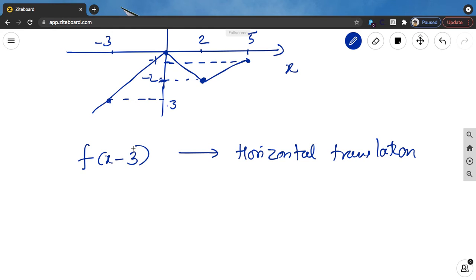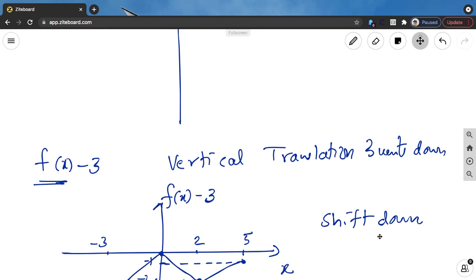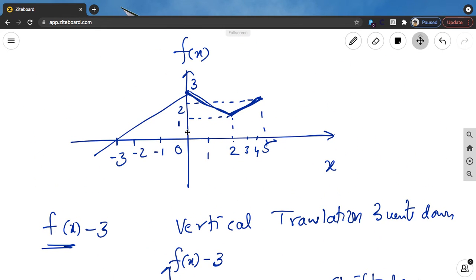How do I understand this minus 3 is shifting to the right? Look at my original function. When the function gets 0, the answer is 3. So what should I give to the function when it is f of x minus 3?